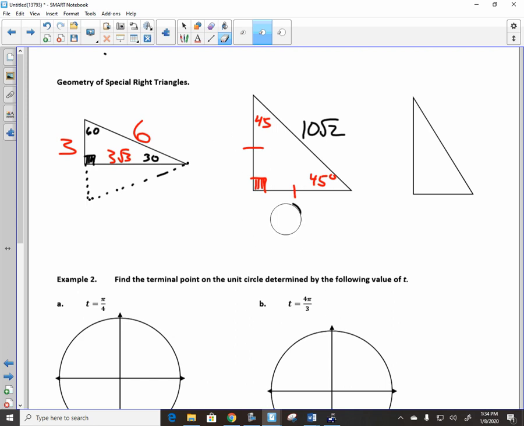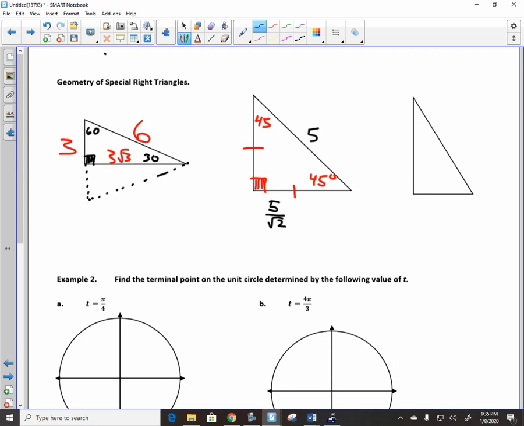Good. What if I do this to you, though? This is where generally people freak out. This is 5. In order to go from this side to this side, you multiply by the square root of 2, correct? So if I want to go from this side to this side, I have to divide. So you get 5 divided by the root of 2.